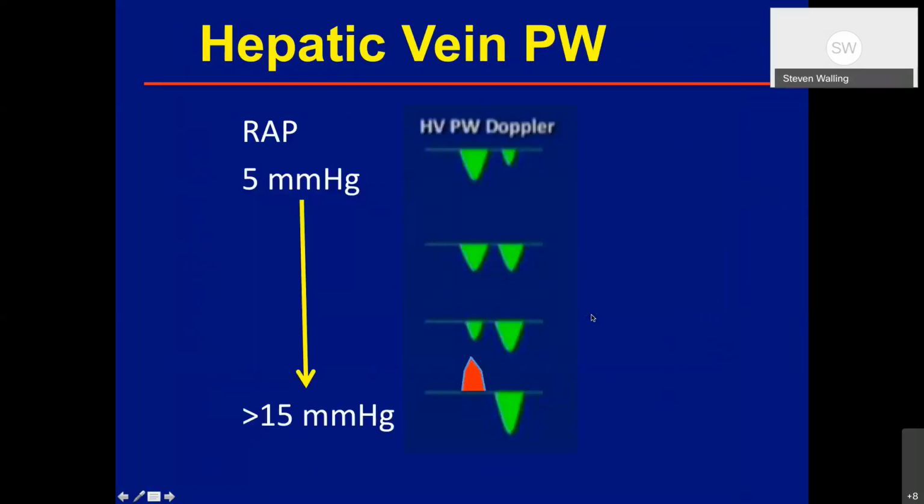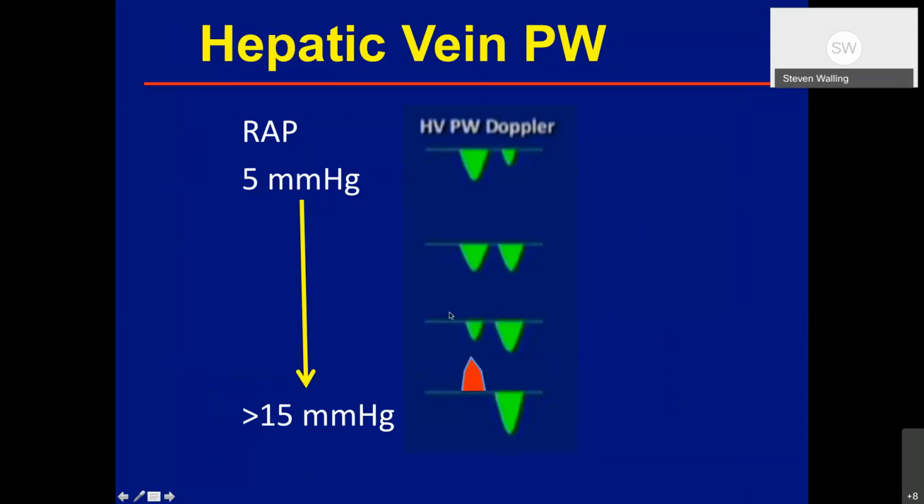So that's what we should see in a normal right heart, right atrial pressure. This is during ventricular systole, which is actually the atrial diastole, and that's the majority of the flow going out. And then during the ventricular diastole, there is a little smaller flow.